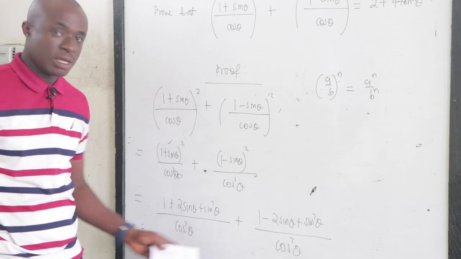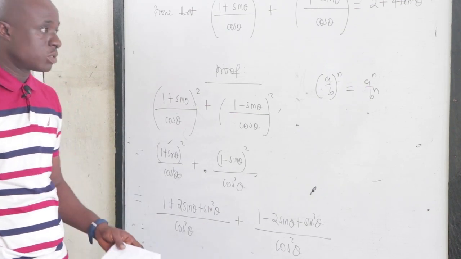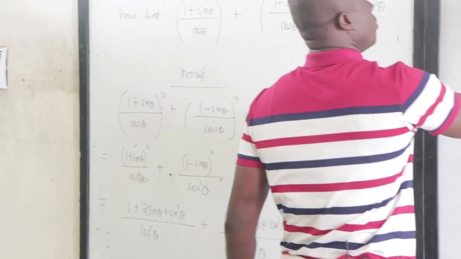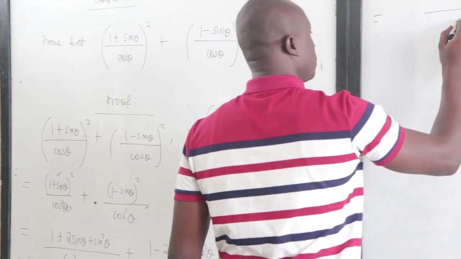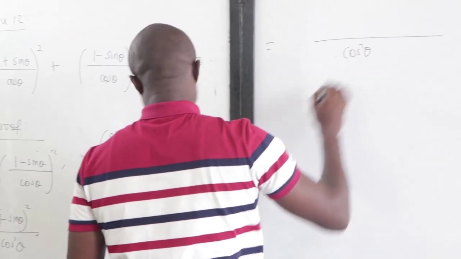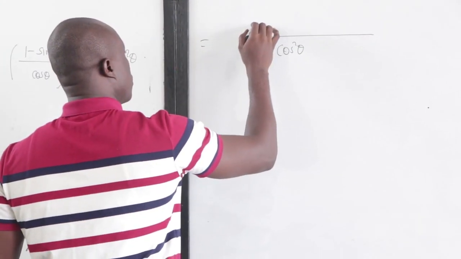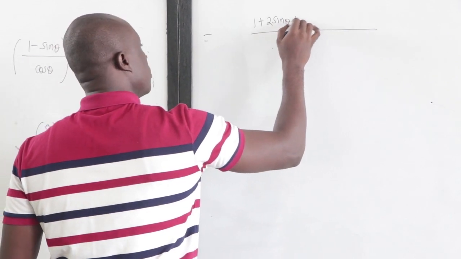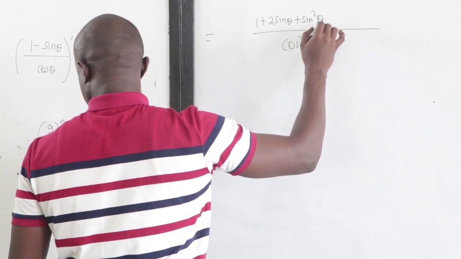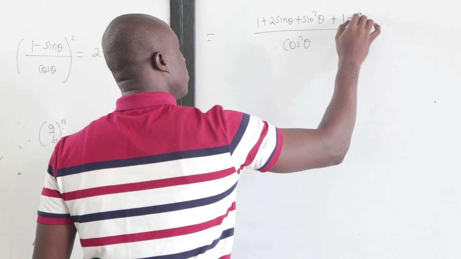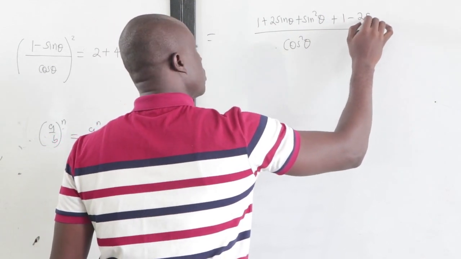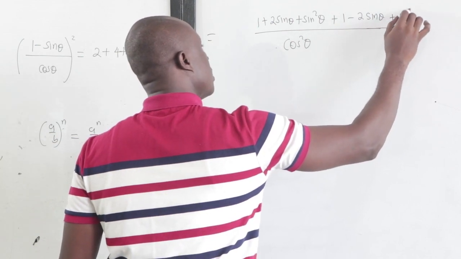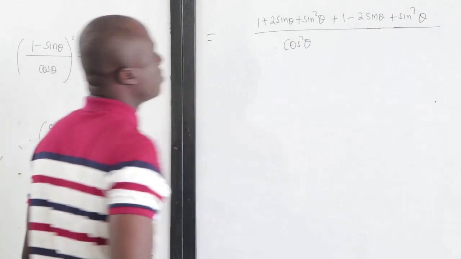Now, what is the LCM here? The LCM is cos square theta. So clearly, when you take the LCM, we are going to get cos square theta as the denominator. So the numerator becomes 1 plus 2 sine theta plus sine square theta plus 1 minus 2 sine theta plus sine square theta.